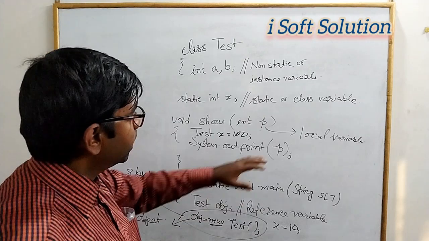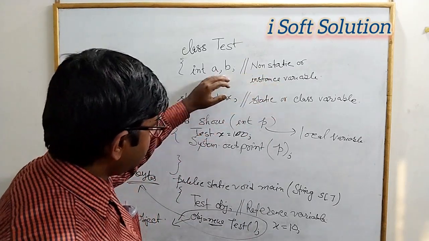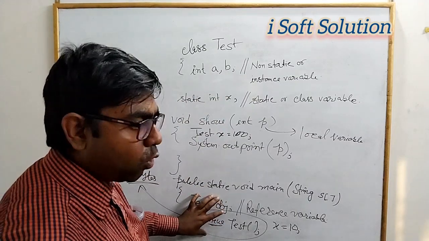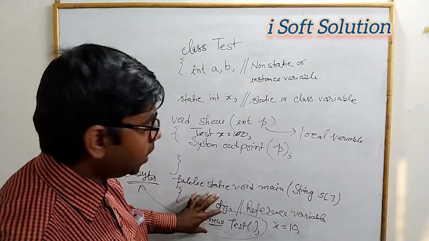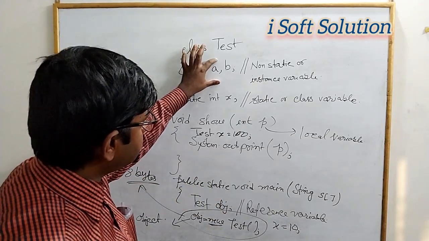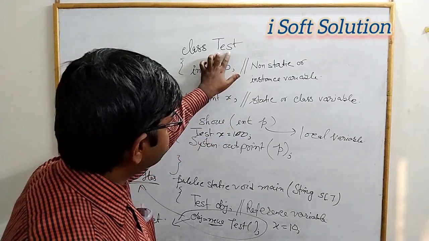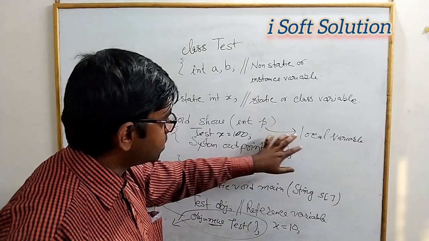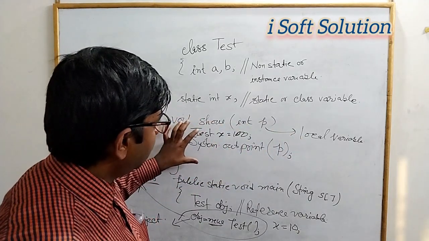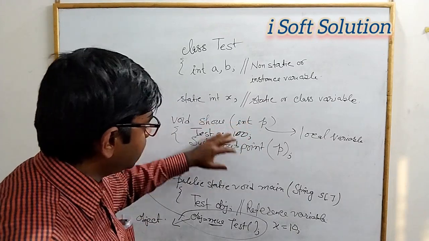So the non-static variable or the instance variable can be accessed with the object because it is in the scope of the object. The object allocates memory space depending on the size of the instance variables. The static variable is in the scope of the class, so it can be accessed with the class name. And the local variable which is declared inside any block or in a method scope can be accessible within the block or within this method.